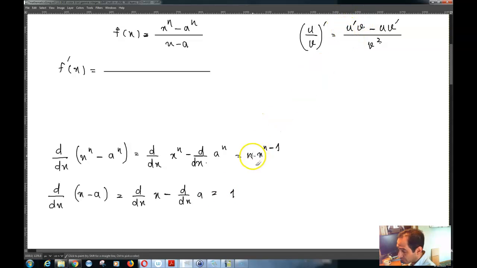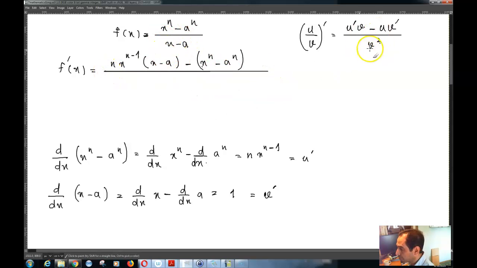So then f prime is equal to n times x raised to the power n minus 1 times v, which is x minus a, minus u, which is x raised to the power n minus a raised to the power n, times v prime, which is 1, over v squared, which is x minus a whole squared.